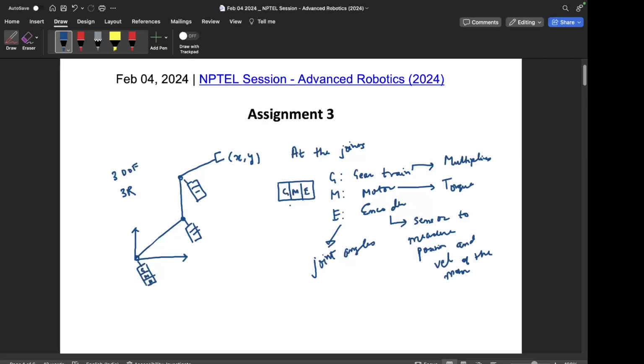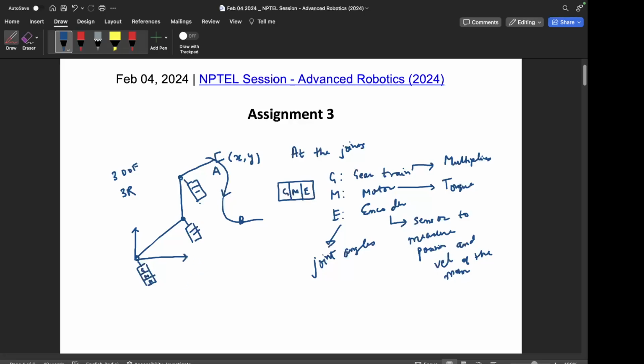So now any task that a manipulator does, it has to move from, let's say, point A to point B. This could be some task that follows a trajectory from point A to point B. Another task could be just to hold its position at a certain given desired position and orientation of the end effector.